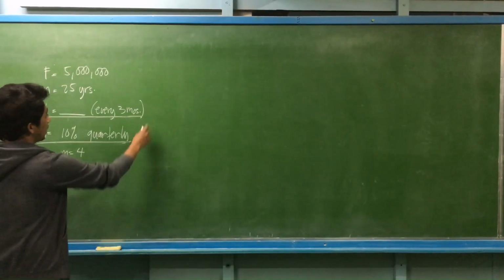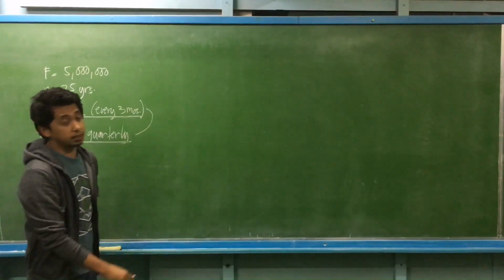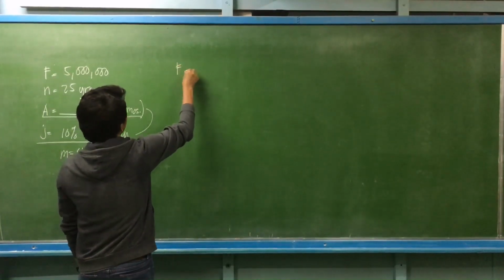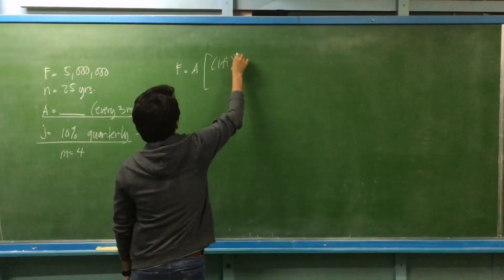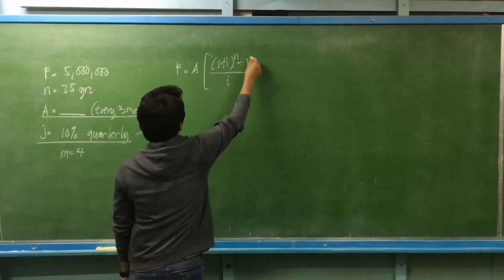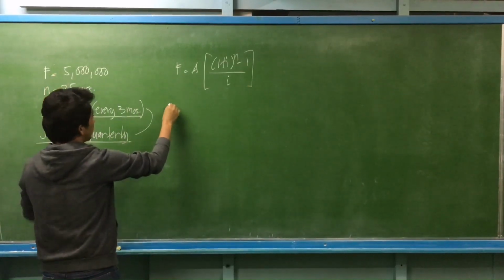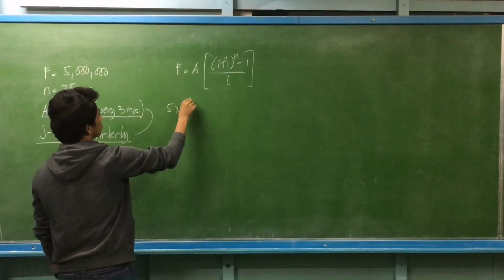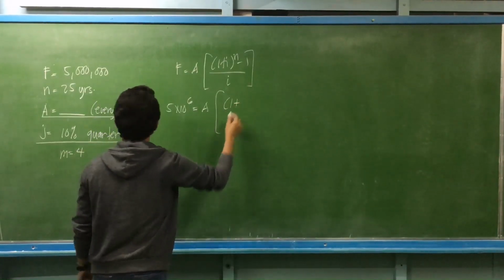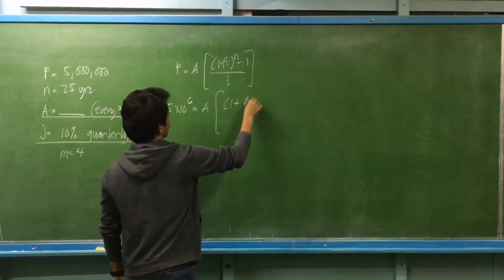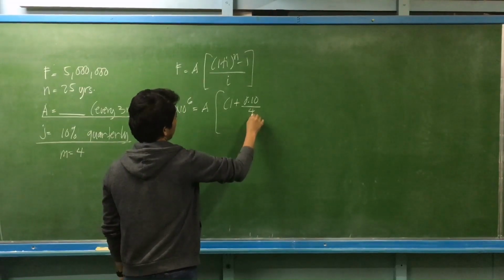Okay, so if these two are the same, all you have to do is direct substitution. We have the future amount, so the annuity multiplied by 1 plus i raised to n minus 1 divided by i. So the future amount of 5 million, this is 5 times 10 raised to 6, equal to the annuity multiplied by 1 plus the given nominal rate of 0.10, compounded quarterly, divided by 4.